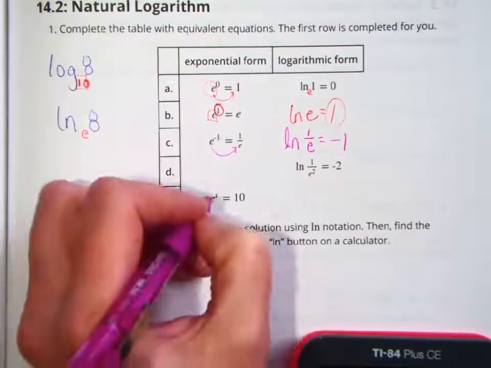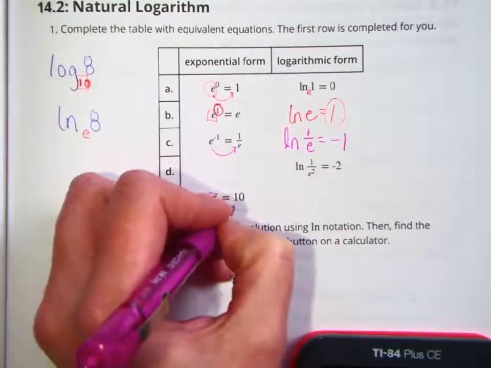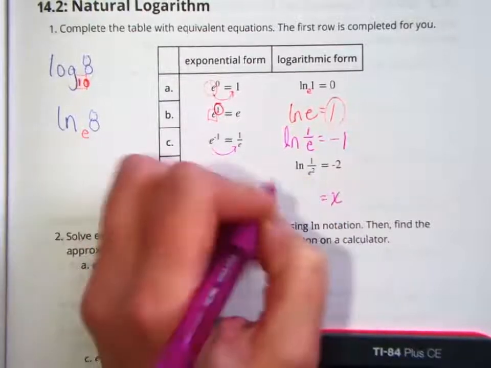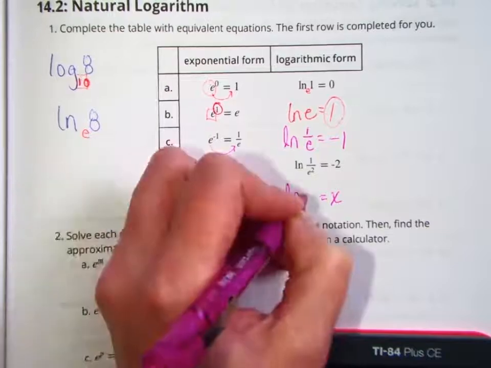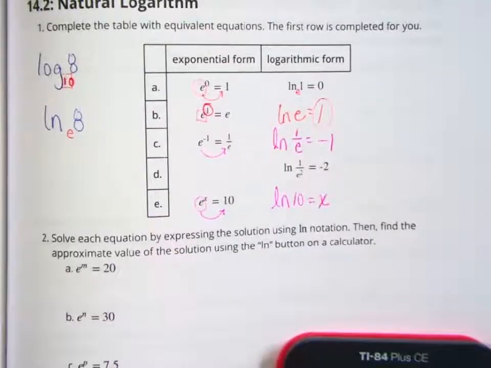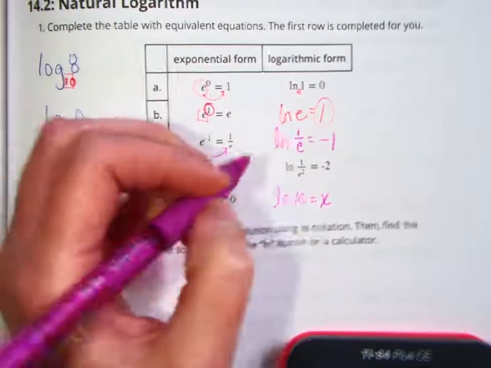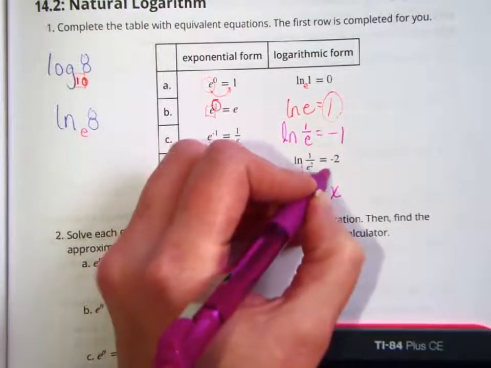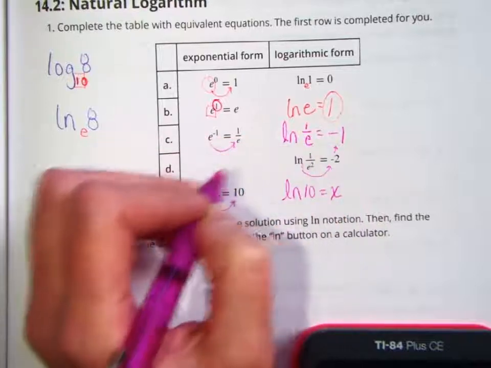I'm going to skip down to part E just because I'm focusing on the same operation again and again. And to bring it back, we have a base here. We're kicking it over. That exponent goes up.